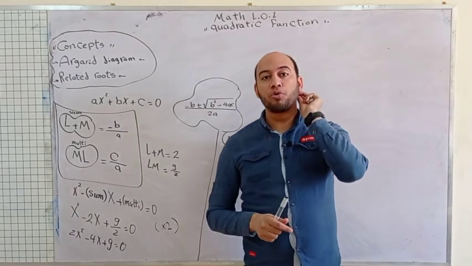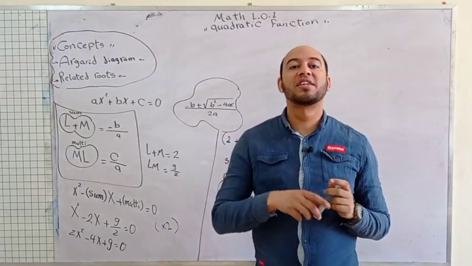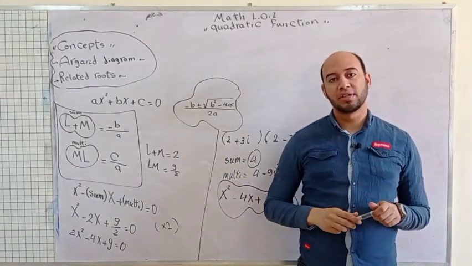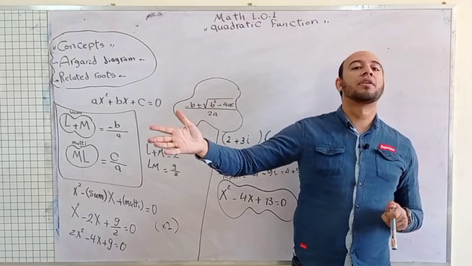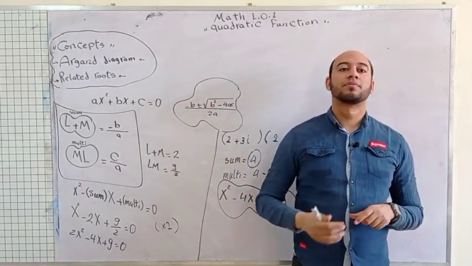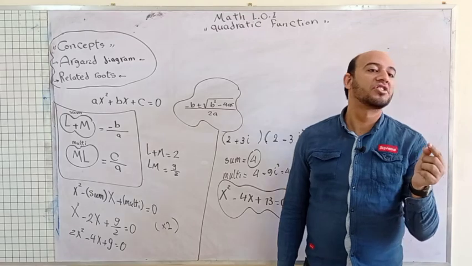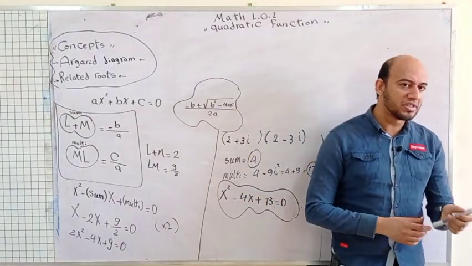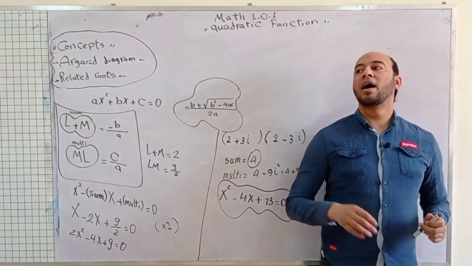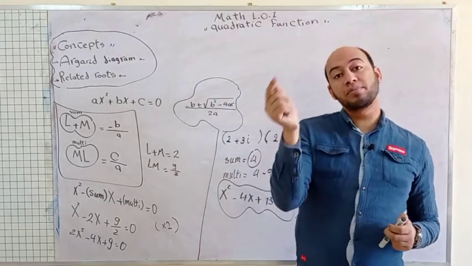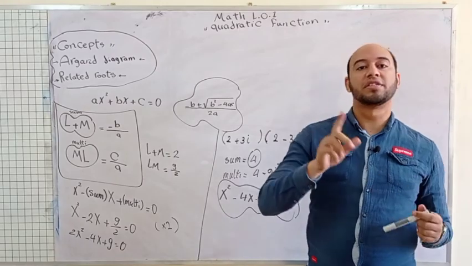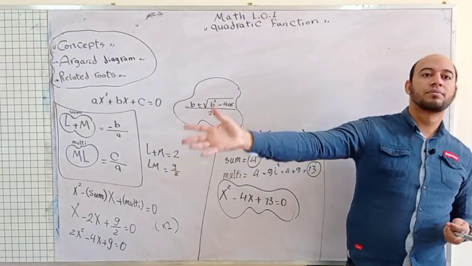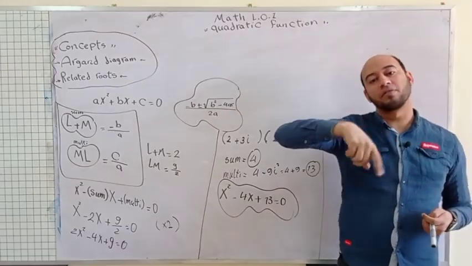If he said that the roots of the new equation are the squares of the previous roots, then the given roots are l and m, and the required roots are l square and m square. If he said that the new roots are 5 times the previous roots, then the first roots are l and m, and the second roots are 5l and 5m.